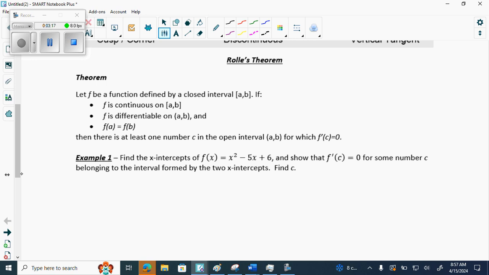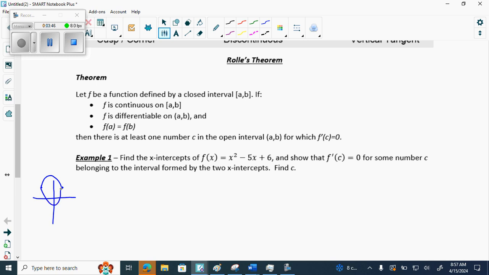Now, guys, if there's more than one y value that are the same, so this is not a genius concept. If this y value is the same as this y value, and the graph is continuous, right? Does there exist somewhere that there probably is a max or a min? Because it's going to have to do this, or it has to do this, right?